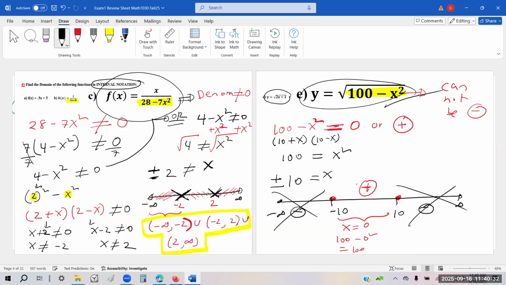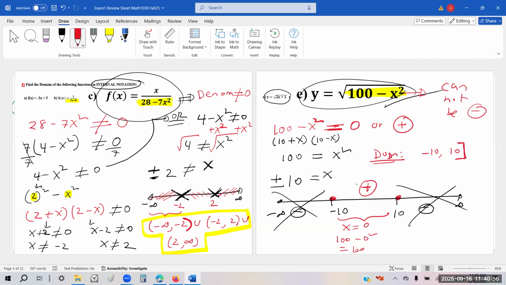We are looking for plus numbers. You can check, definitely. If you have time, sure, check. But since we don't have time, I'm not going to check. By default, these two will be negative. That means you're looking for only the numbers from negative 10 to positive 10. That's our domain in interval notation.